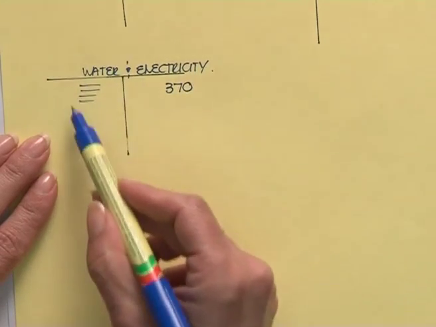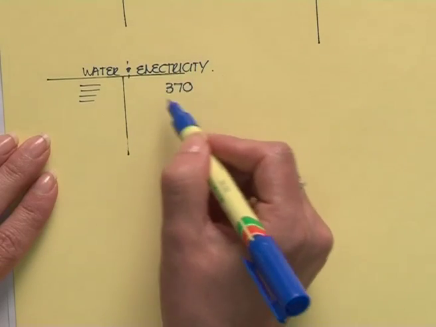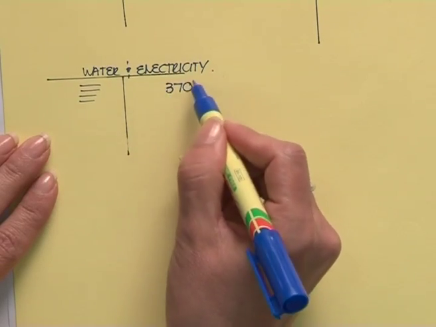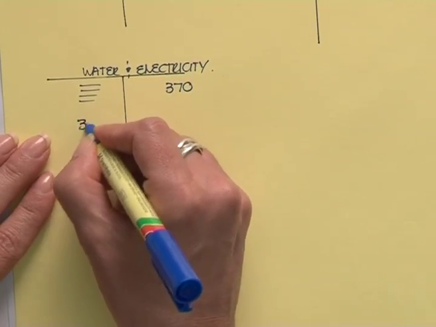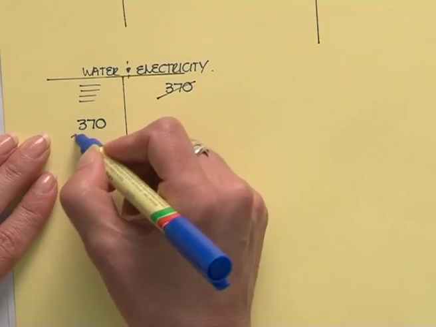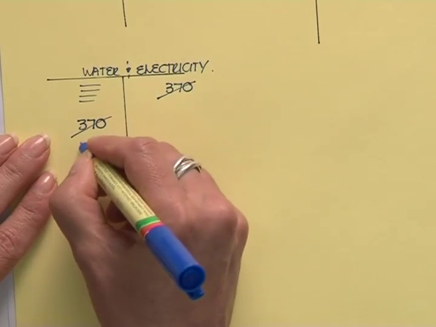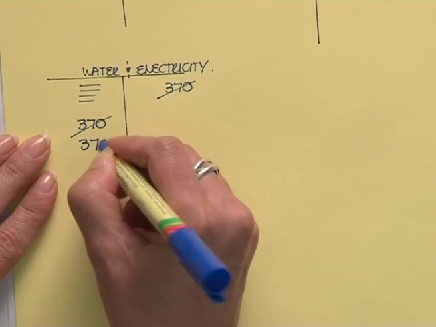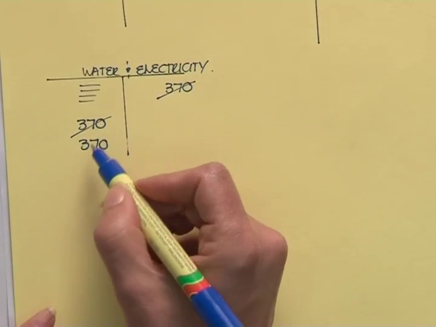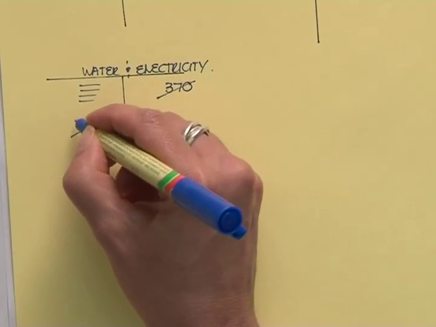That's already included in the total that was provided. Now we need to fix this mistake. How do we get rid of this credit entry? We debit the water and electricity account, but that will only cancel the mistake that was made. Then I will have to put another 370 Rand in on the debit side to ensure that we account for the payment that we made.